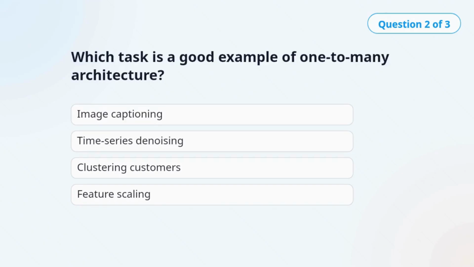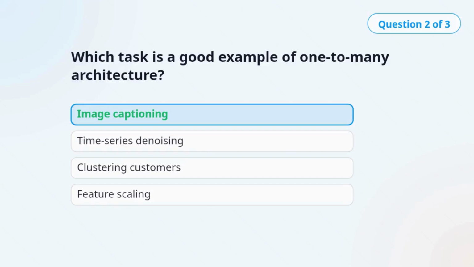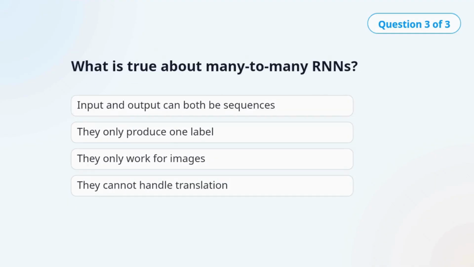Question 2. Which task is a good example of one-to-many architecture? The correct answer is image captioning. Image captioning starts with one image and generates a sequence of words. Question 3.